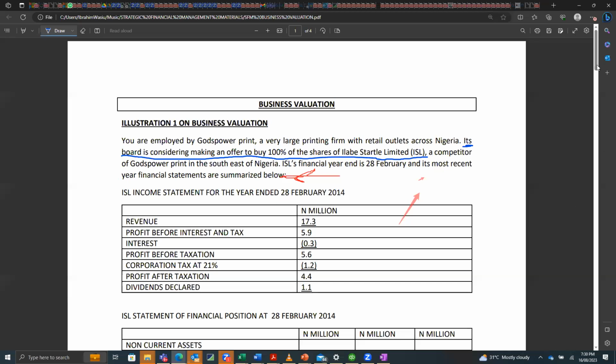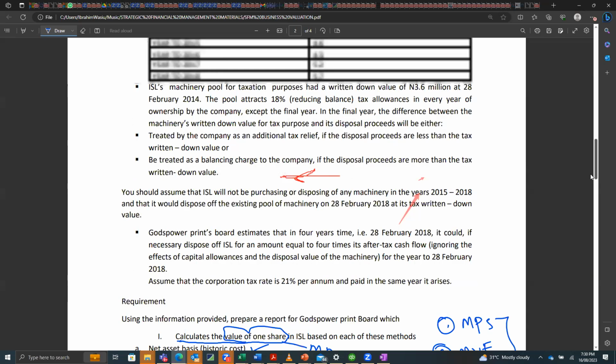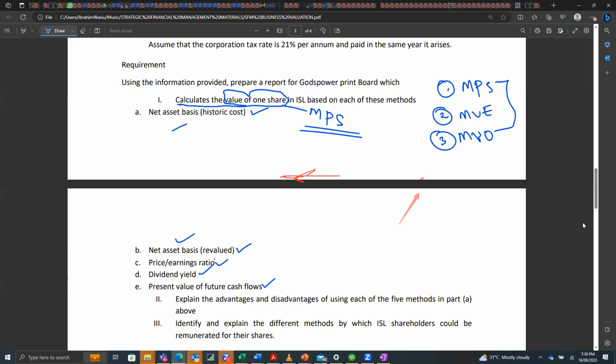But in the requirement, the question is only on business valuation. Some examiners will combine both business valuation and merger and acquisition together, although we are aware that without valuing a business, we can't do merger or acquisition.